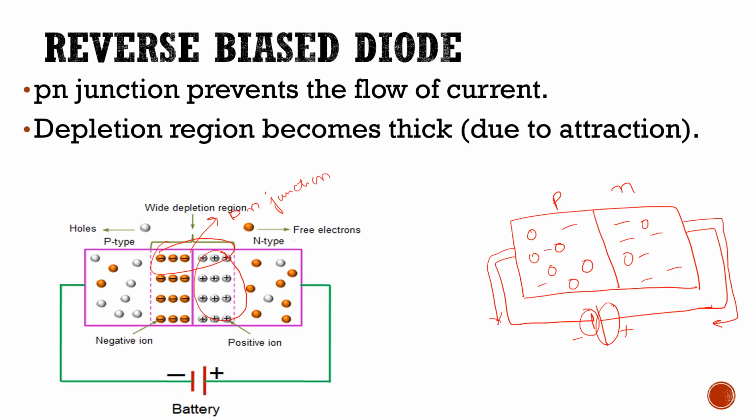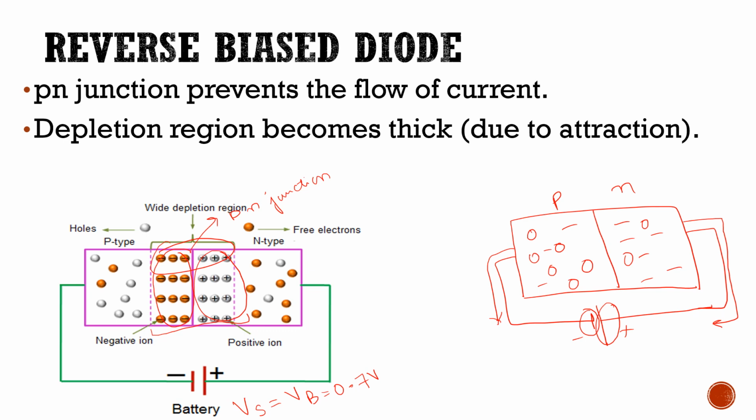Similarly, more negative ions are accumulated in the P region near the PN junction. This depletion region widens until this external reverse voltage becomes equal to the barrier potential, which is 0.7 volts.